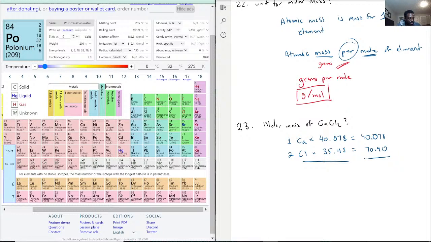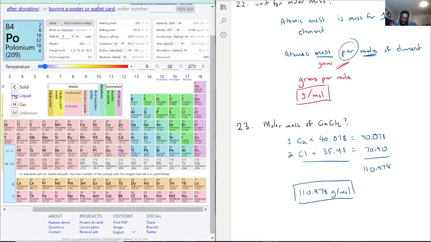So 40.078 plus 70.90. So the molar mass would be this. To write a little bit cleaner, 8 grams per mole. Always keep the units.